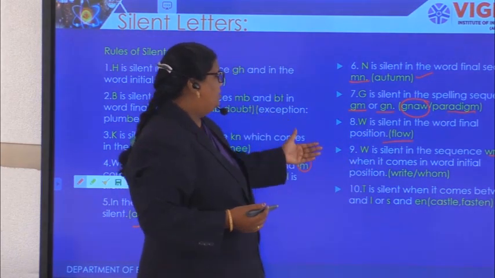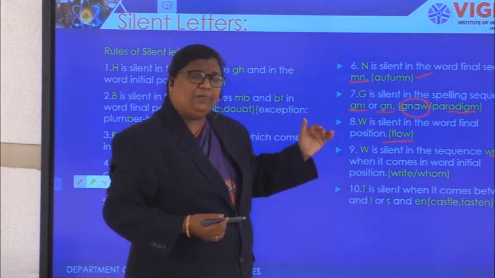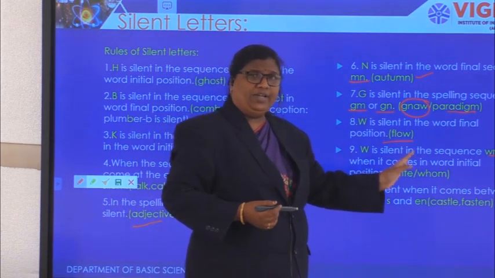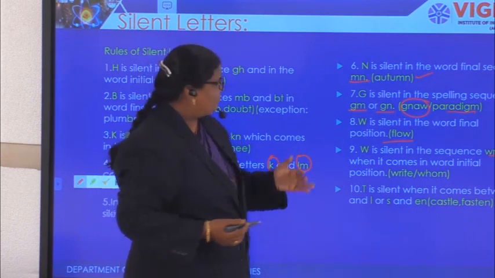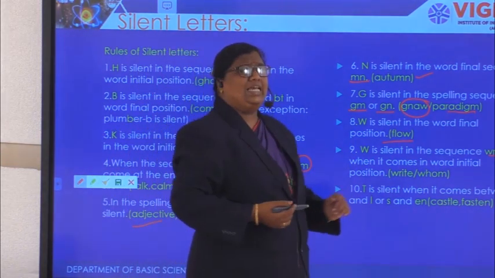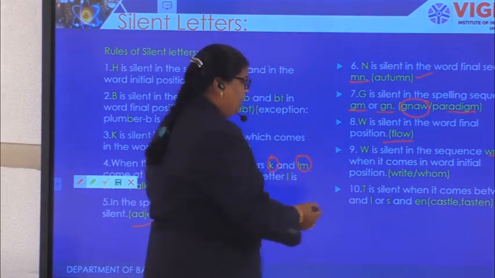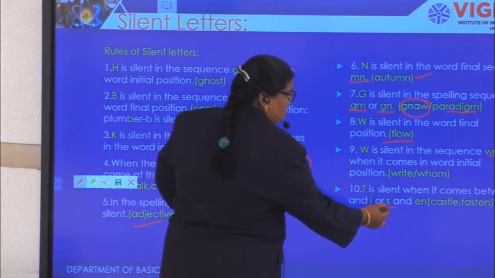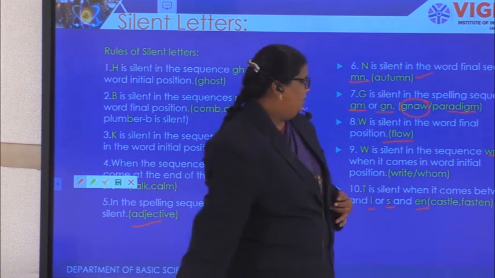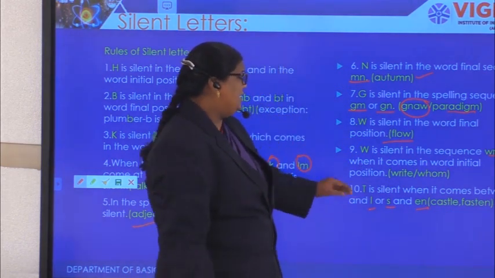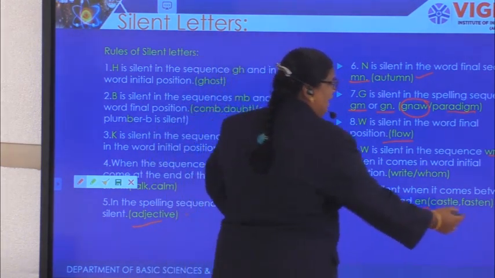Any words which start with WR or WH, automatically W is silent. And then T is silent when it comes between S and L.